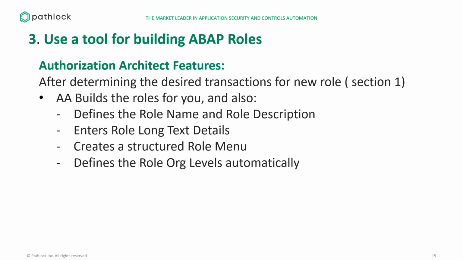The proposal looks just like PFCG, and the security person can go through and review the security objects and values that are in the role. If he thinks there's something in there that's dangerous, that the role proposal has put in there, you can manually inactivate that object or that authorization, as the case may be. So you're still in total control, but it's going to do that work for you.